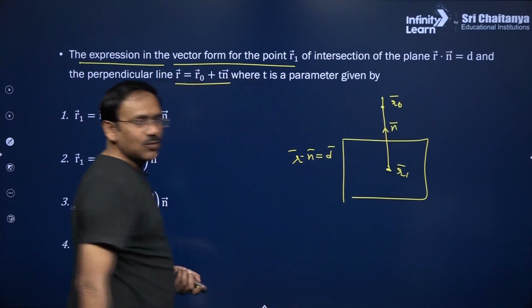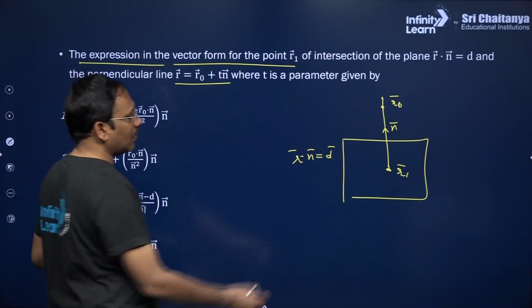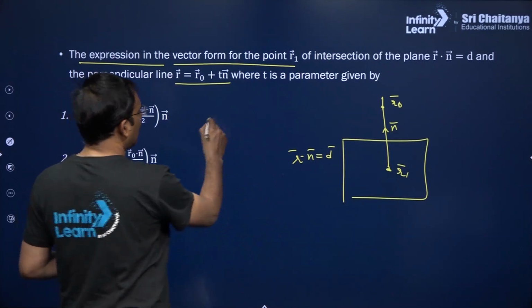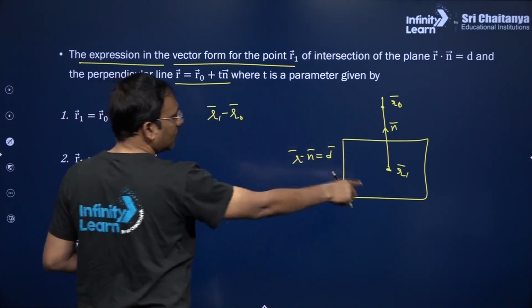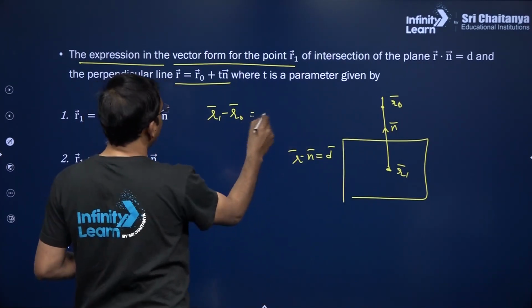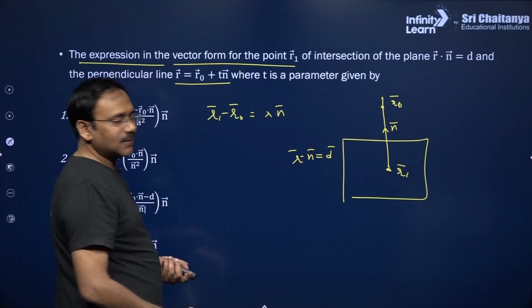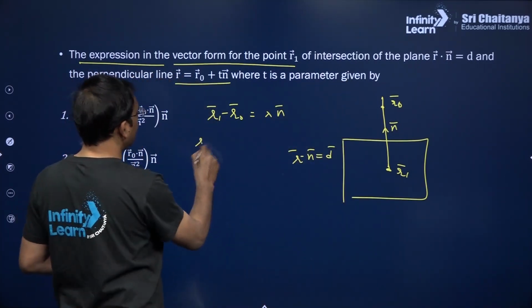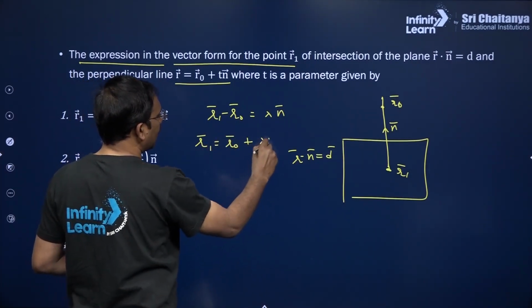So, about this line, you know the normal vector, that means DRs of this vector, as well as you know a point. One thing I can say, my dear friends, r1 bar minus r0 bar, if you take this vector, definitely it is some lambda into n bar. Am I correct? Because this vector must be parallel to n bar. So, you can write, my dear friends, r1 bar is equal to r0 plus lambda n bar.